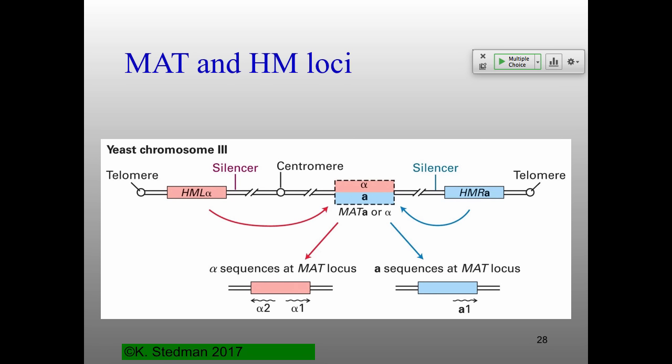Now, one of the things that we've talked about before has to do with chromatin remodeling complexes. Anyone remember what some of those chromatin remodeling complexes are called? A classic example of those is something called SWI-SNF. Where the heck does SWI-SNF come from? What are we talking about here? Mating type switching. I wonder if SWI has anything to do with mating type switching.